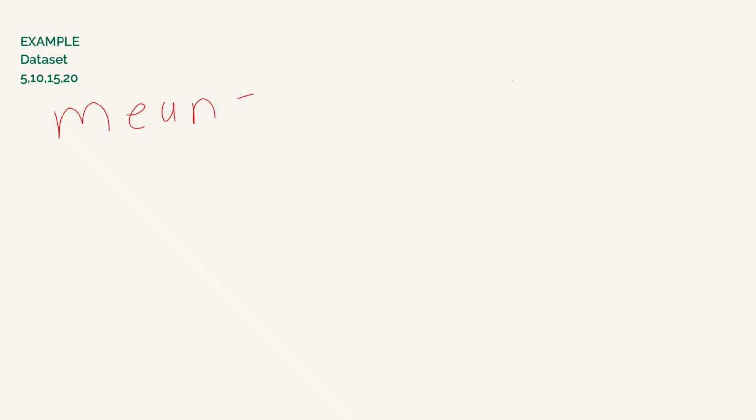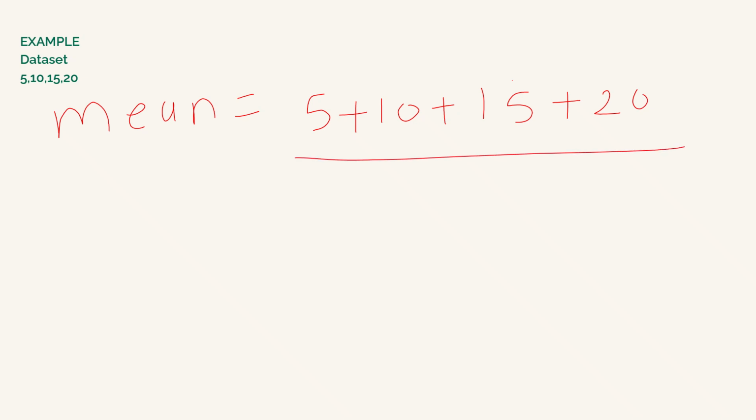The mean is the average. So we have to find it like this: 5 plus 10 plus 15 plus 20 divided by the number of elements present in the dataset. So here there are 1, 2, 3, 4. So the sum of these elements is 1.